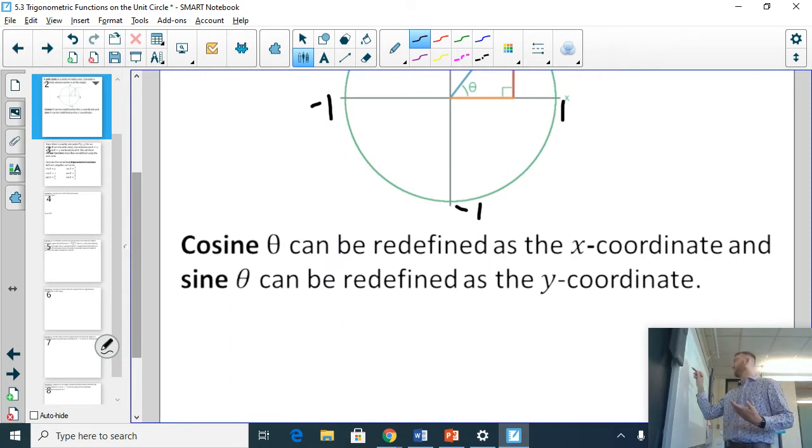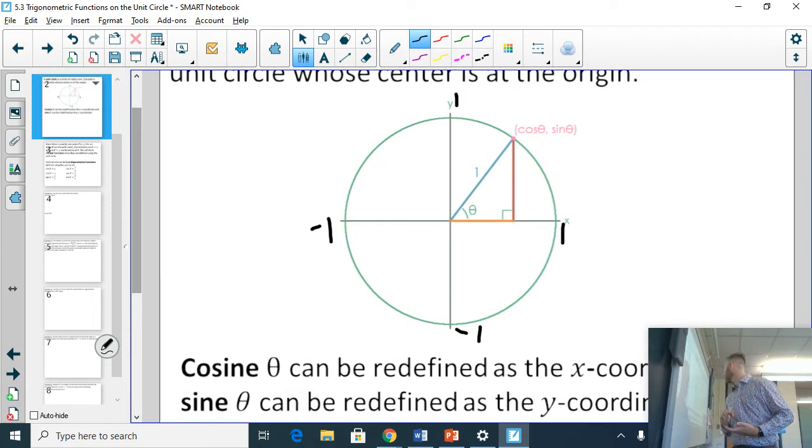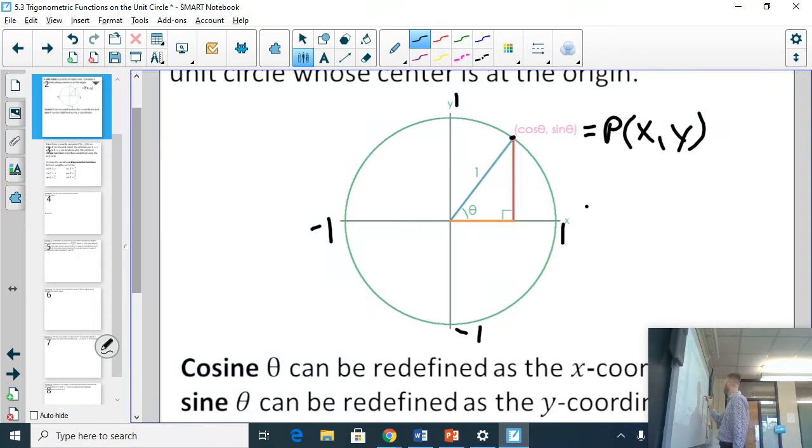Now, why can we do that? If we look at this unit circle, and we're looking at a point here, like some point with coordinates x and y. Now, if we take cosine of this theta in the middle here, what is cosine of theta?